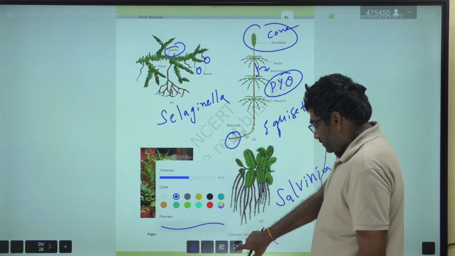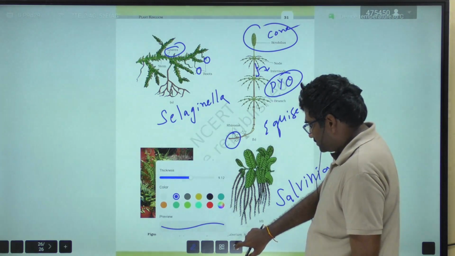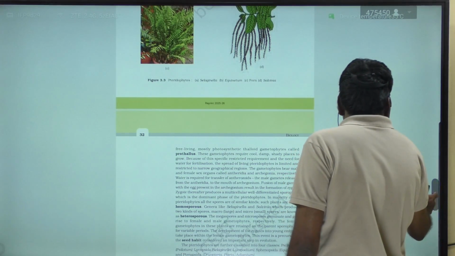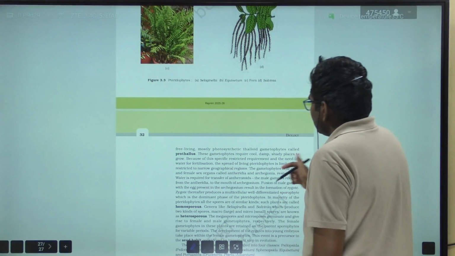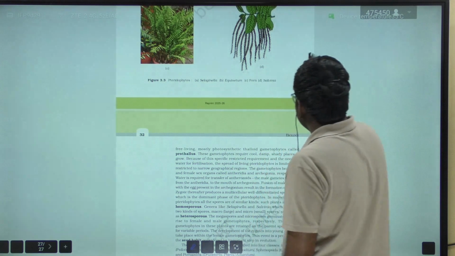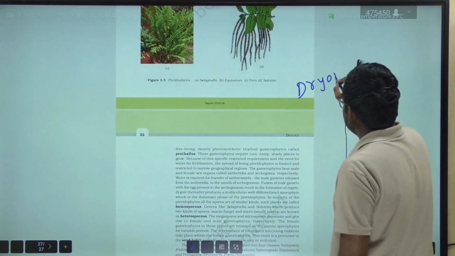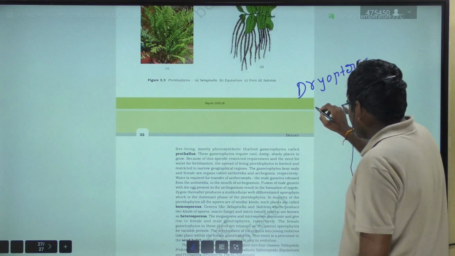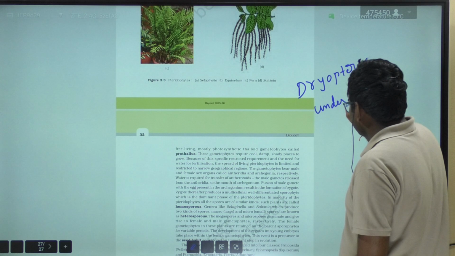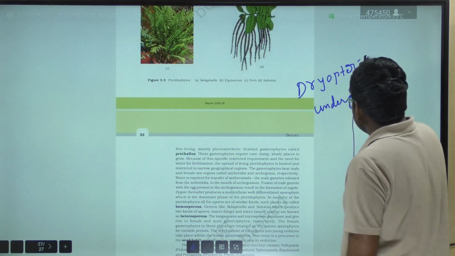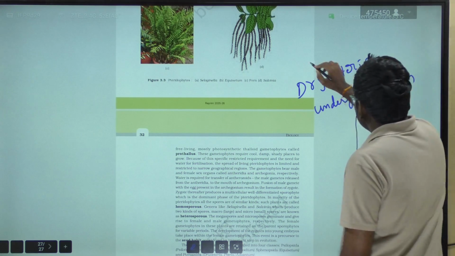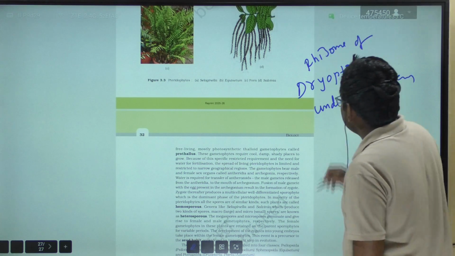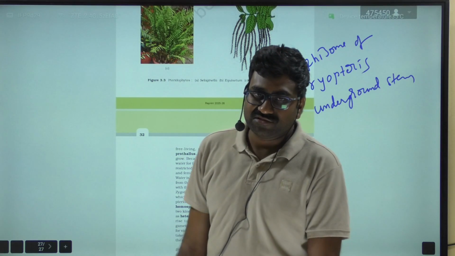Here is one more important point in pteridophytes. Dryopteris: the rhizome of Dryopteris is an underground stem modification.